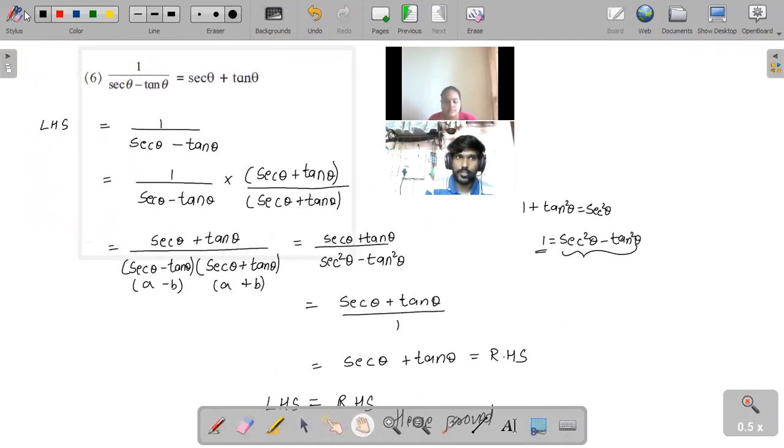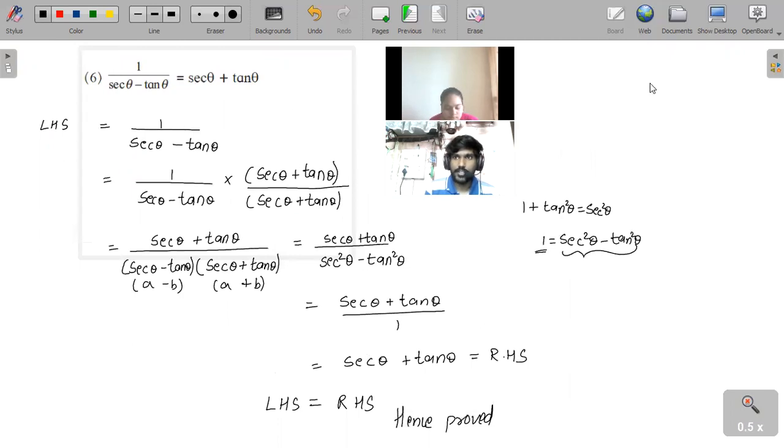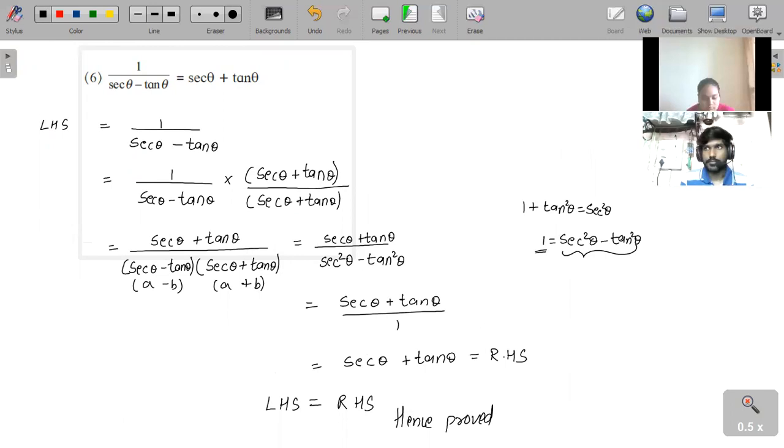Okay, first go through the entire sum, and then write it down. In this sum, could we have done it by taking the right hand side first and then comparing it to the LHS? No, it would have become more difficult if you had taken the right hand side first. But you can still do it that way. Yes, you can still do it.